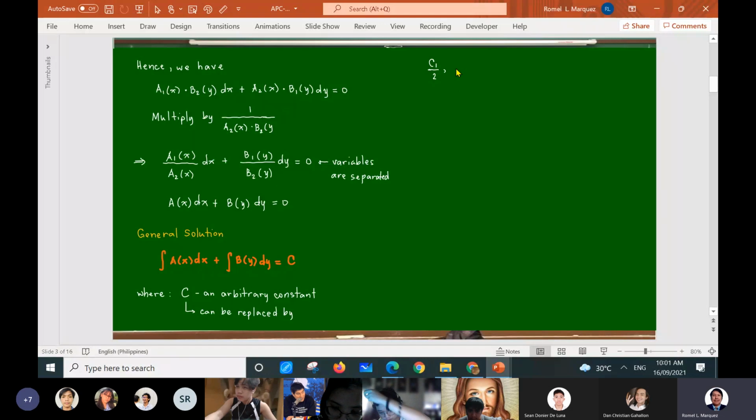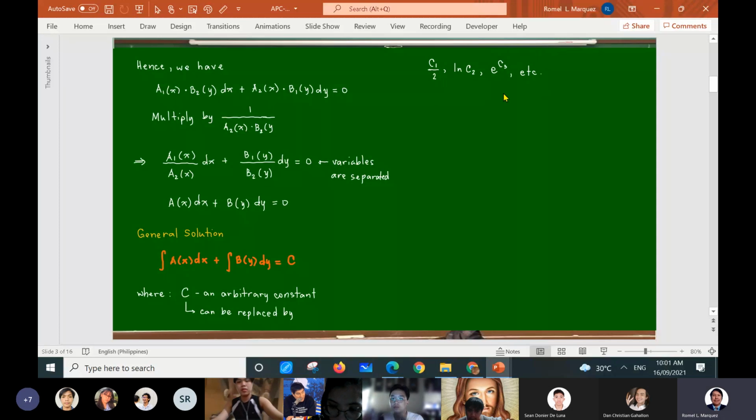So that will come up with the best form of solution. So ln of c sub 3, or c sub 2, you can have e to the c sub 3, or any other form, as long as it is convenient in order for you to be able to simplify your answer. Okay, guys?